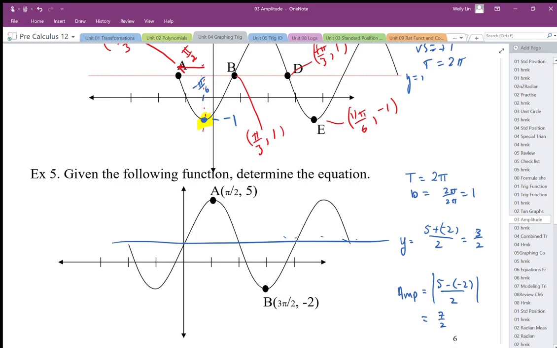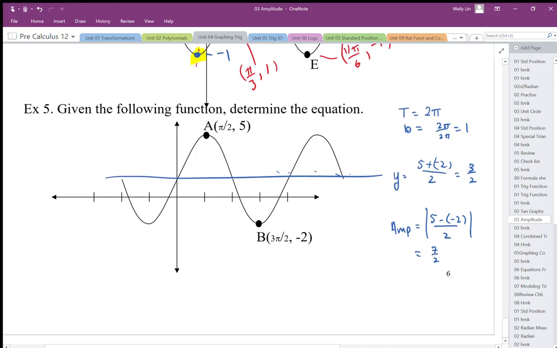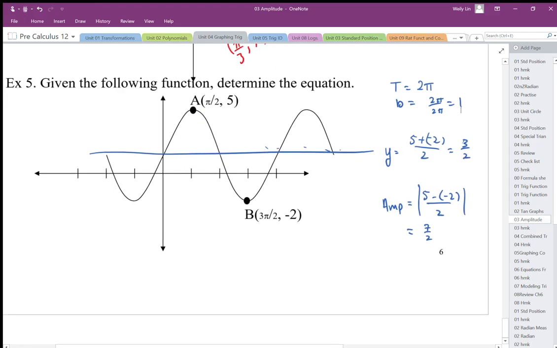So I've now got 3 parts here: my period, my vertical shift, my amplitude. What's left is the horizontal shift. There are lots of ways to do this, but the easiest way, if you have a choice, and you may not always have this choice, is to use a maximum, because the maximum is the starting position of all the cosine graphs.